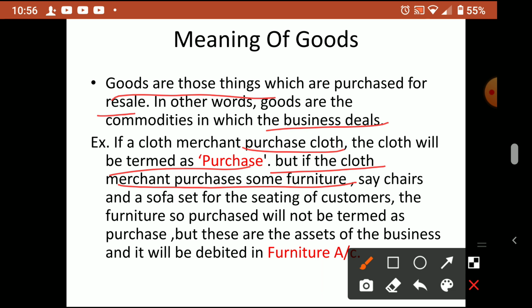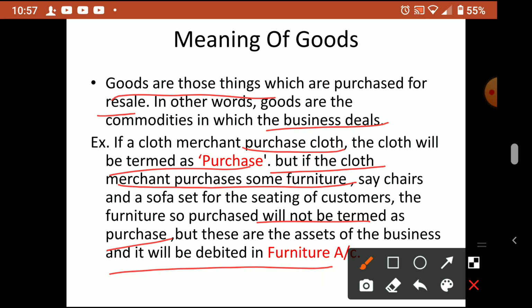Chairs and a sofa set arranged in a textile shop are all for use in the business. Already I told you that items for use in the business are known as assets. The furniture so purchased will not be termed as purchase. Furniture purchased is not purchase, but an asset of the business, and it will be debited to the furniture account.